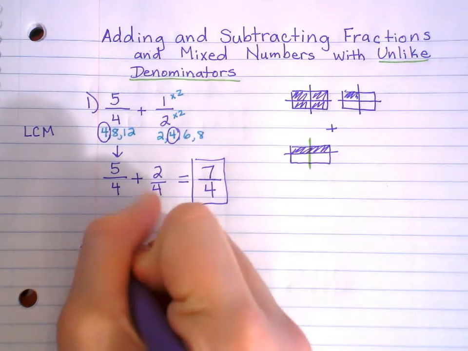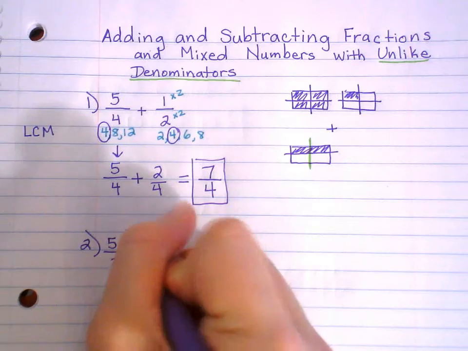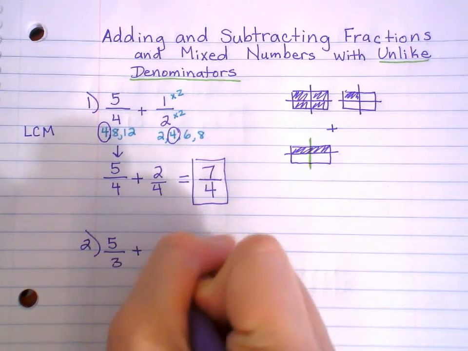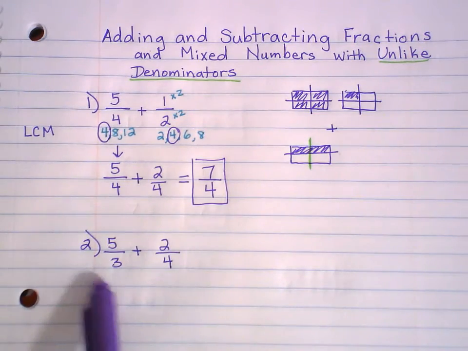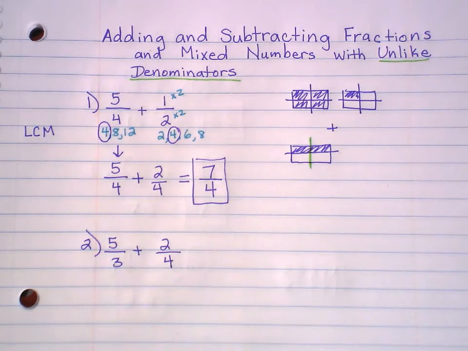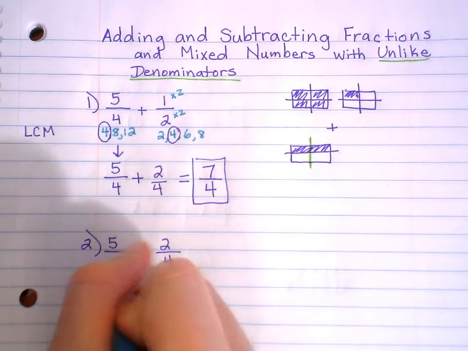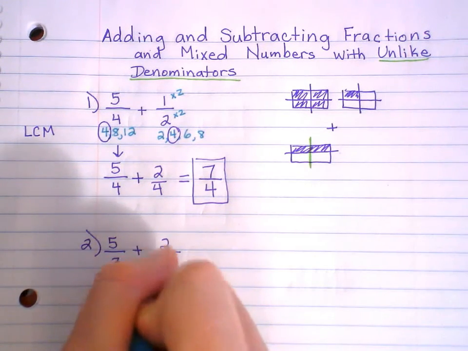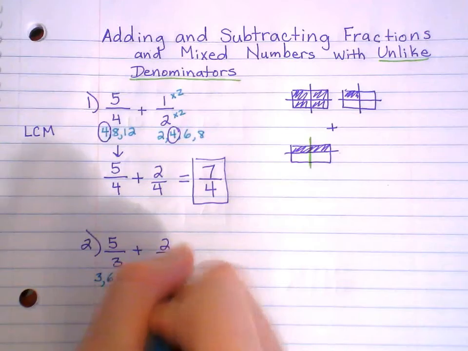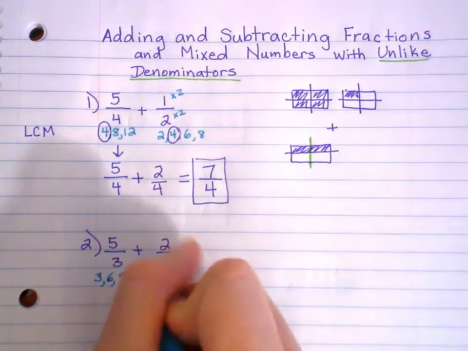So let's say we have 5/3 plus 2/4. So count by 3s and count by 4s and try to find the least common multiple. What are we going to change both denominators into? Try it on your own and then resume the video. So counting by 3s. 3, 6, 9, 12.